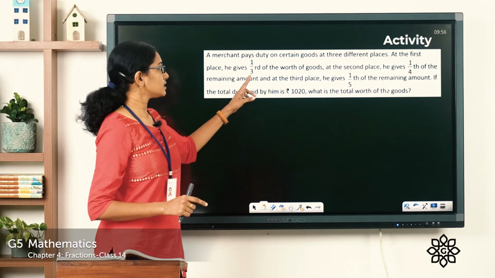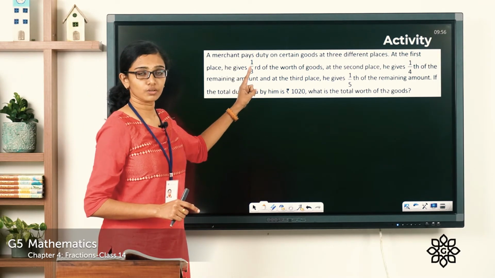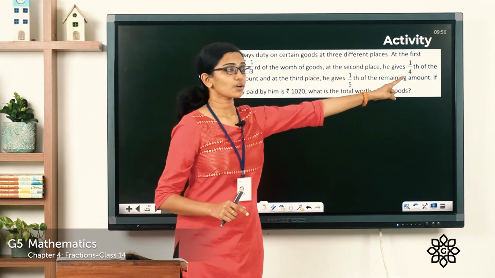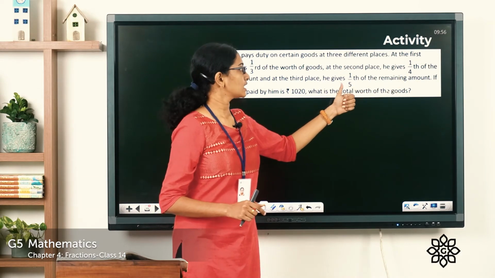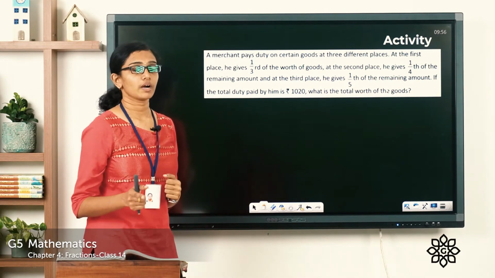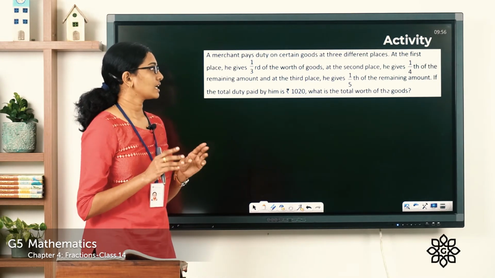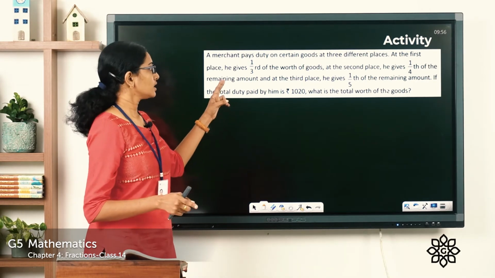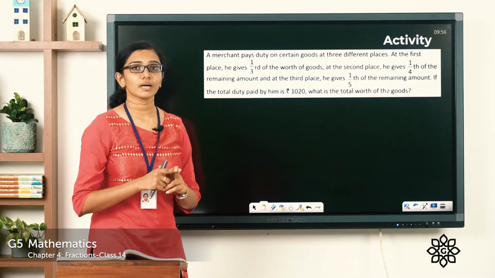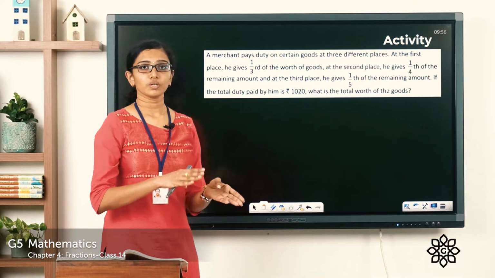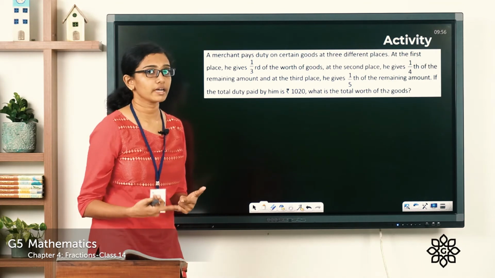See, in the first case, the amount was divided into 3 parts. In the second case, 4 parts, and in the third case, the amount was divided into 5 parts. And since that is the case, let's have a common ground. Let's find out the total number of parts the total worth was divided into. How would we find out that?